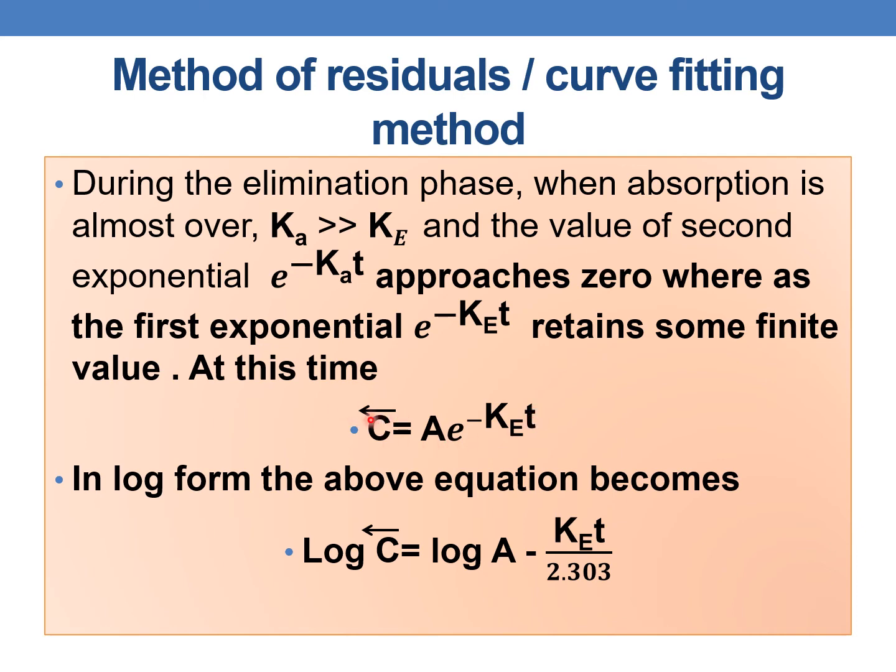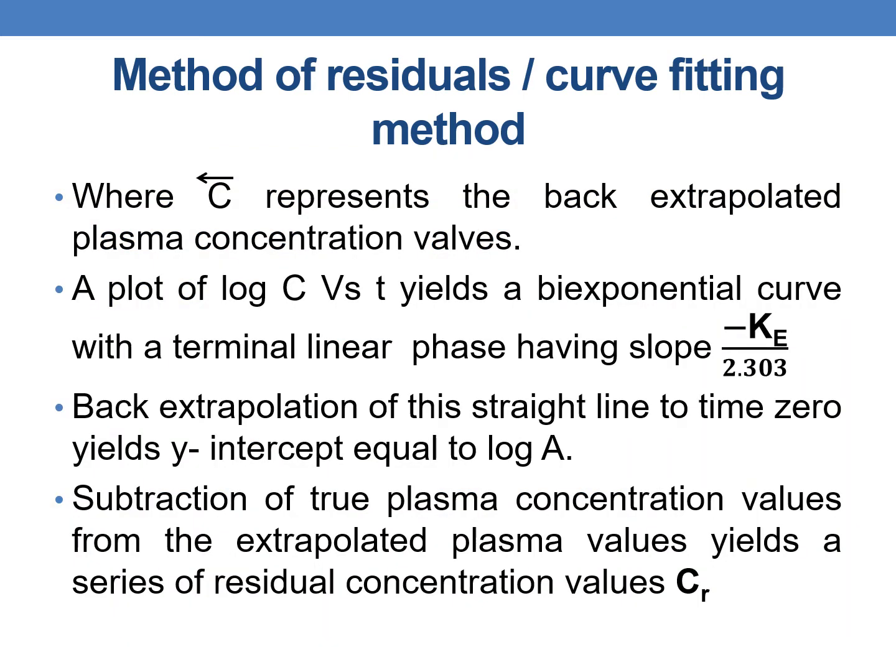The arrow mark indicates back extrapolated. In the log form, the above equation becomes log C back extrapolated equals log A minus Ke t by 2.303. As we have discussed earlier, C with the arrow represents back extrapolated plasma concentration values.